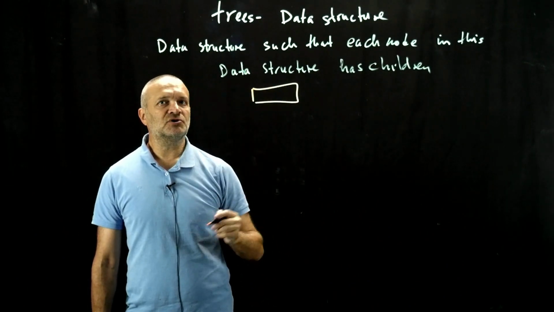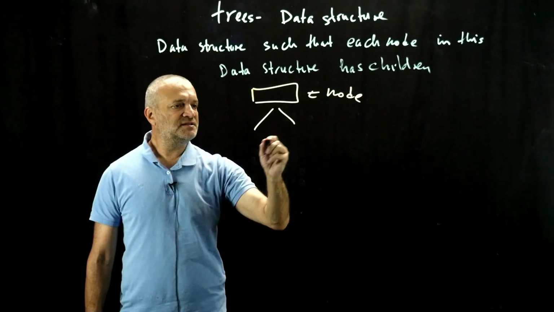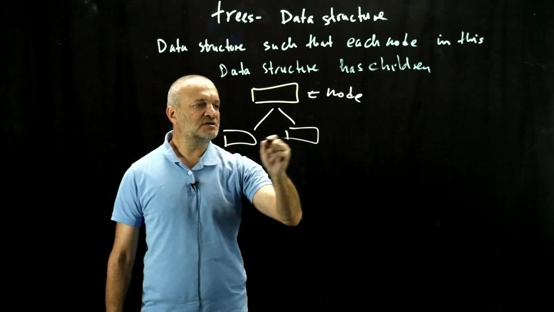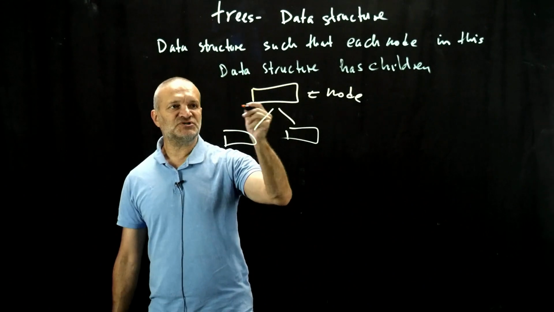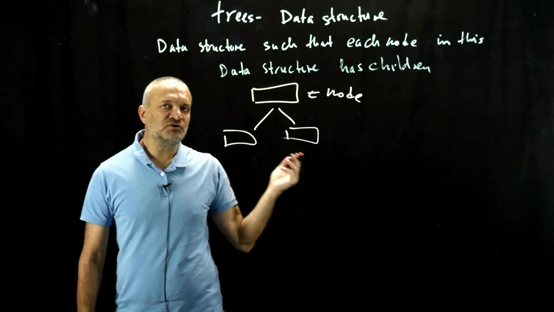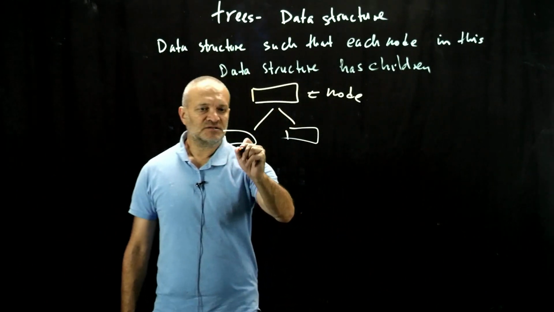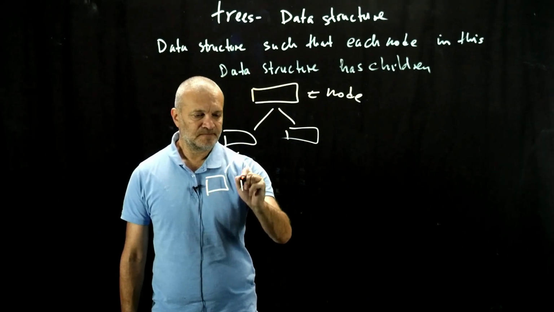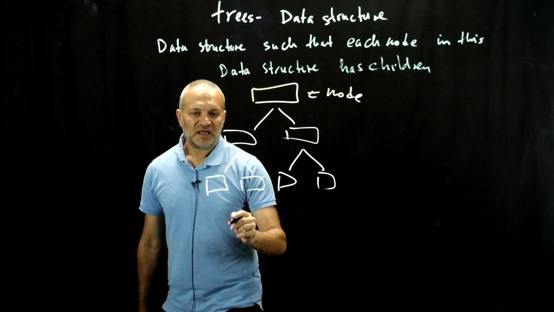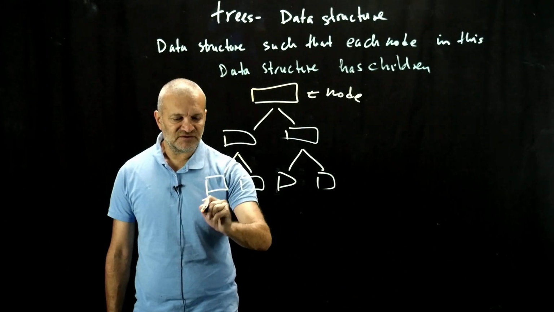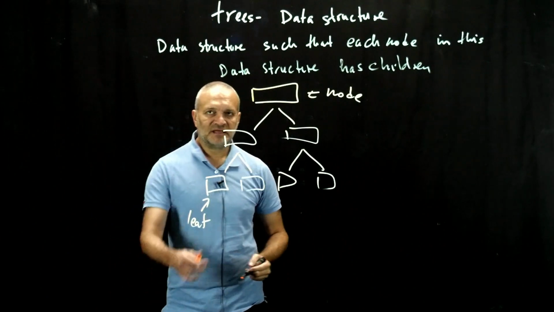This is your node, and now you have children. Here you have 2 children for each one, at most 2 children. This is called a binary tree. If you have more, it is going to be called a trinary tree, quarterly tree, etc. Now, if you don't have a child, it is called a leaf. So you have a node with children, and a leaf if you don't have children.